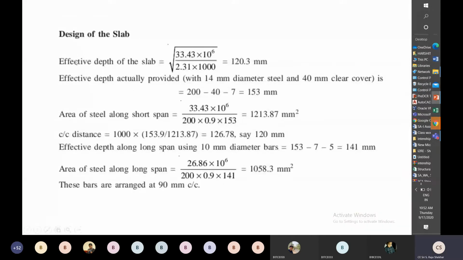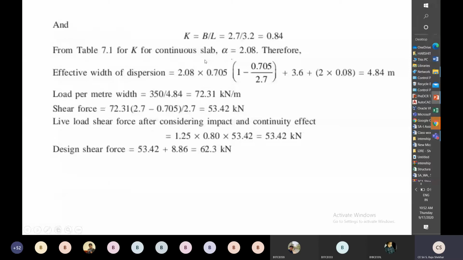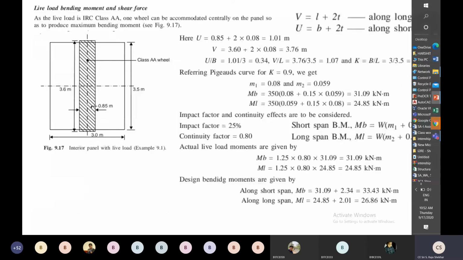Considering dead load and live load bending moments, by taking the maximum bending moment, here we are getting design bending moment values of 33.43 and 26.86. For the calculation of depth of slab required, we'll use the maximum moment, 33.43.